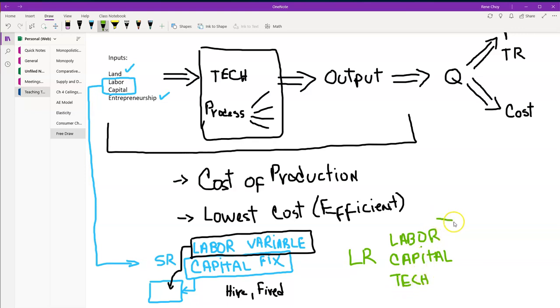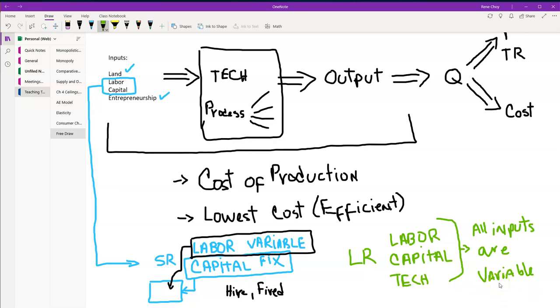So in the long run, all inputs are variable. Okay? So all inputs to the production process are variable. That basically means that you can change anything, and therefore your ability to produce changes as well. So the analysis is different.